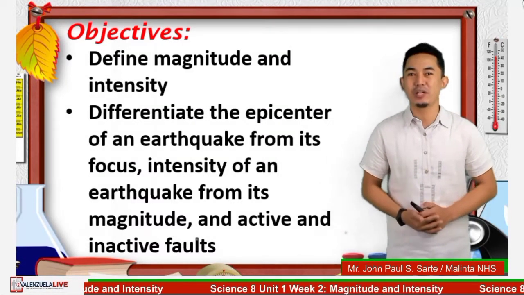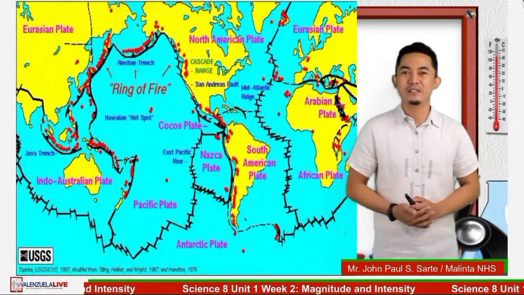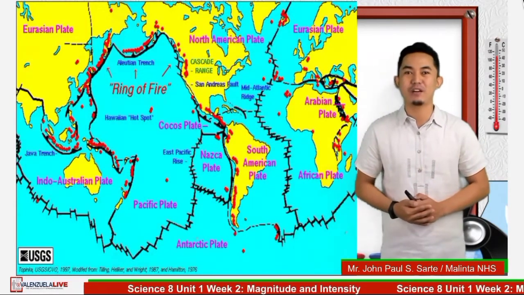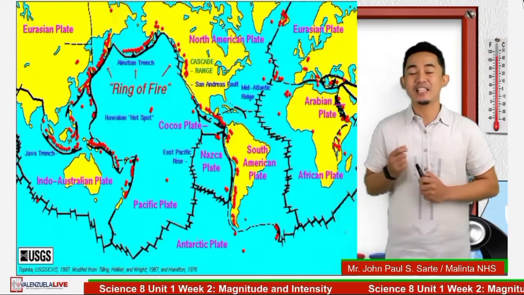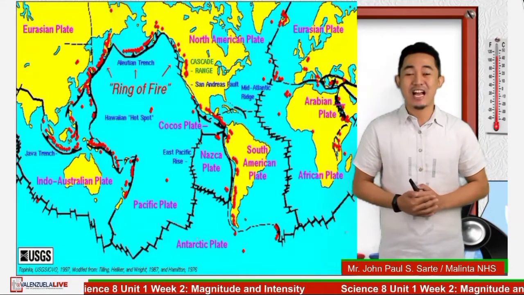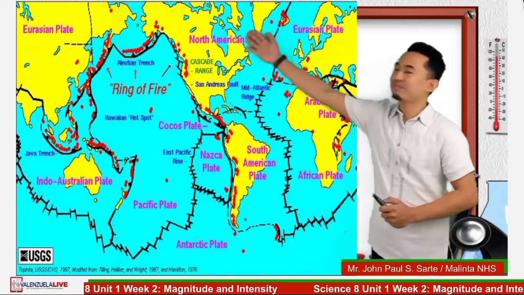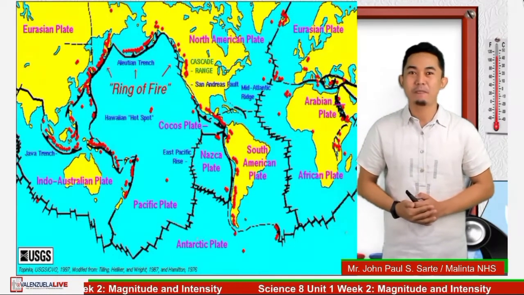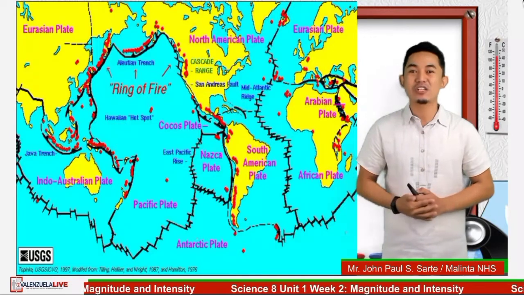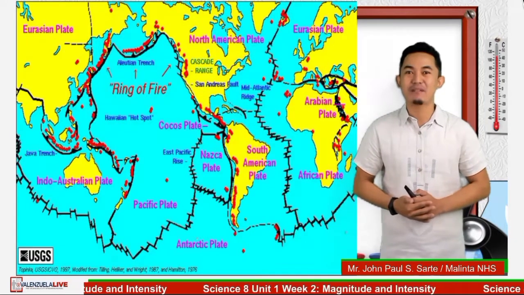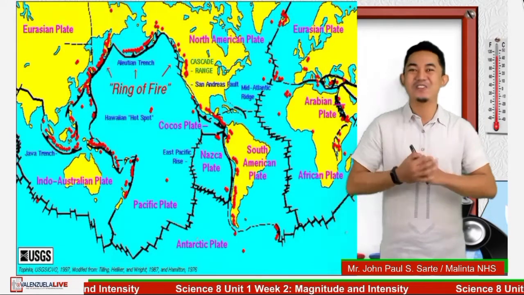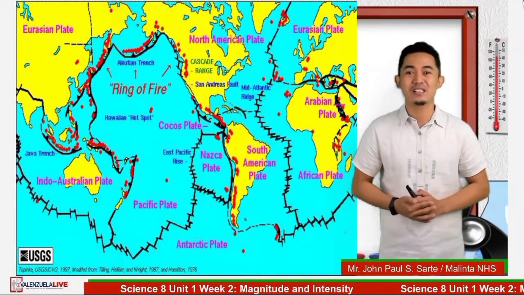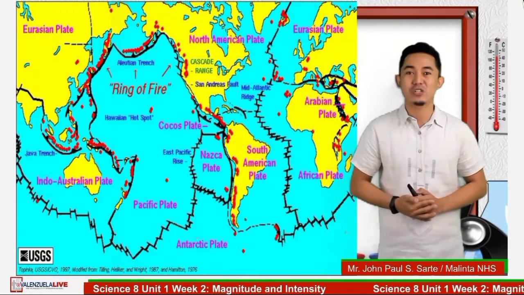In the picture that I've shown here, last meeting, it has something to do with the Pacific Ring of Fire, where it has plates such as the Eurasian plate. Also, we have the North American plate, Arabian plate, Indo-Australian plate, and South American plate. Also, we discussed the borderline as well as the red dots which pertain to volcanoes.